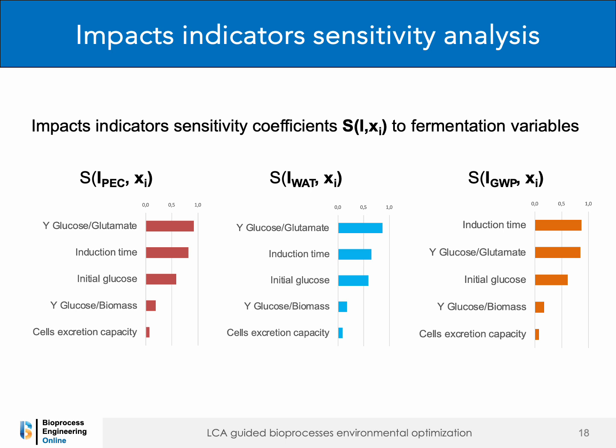Specifically, the glucose to glutamate and glucose to biomass stoichiometric coefficients, along with the cell's glutamate excretion capacity, exhibit the highest sensitivity. The second set of influential variables encompasses those associated with fermentation operations, notably the initial glucose concentration and the thermal induction time for glutamate excretion.